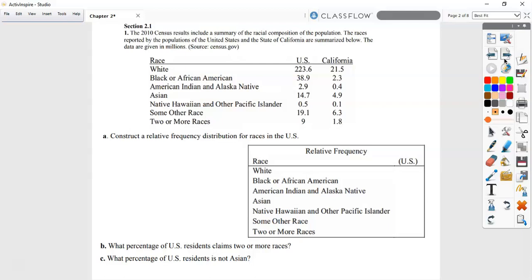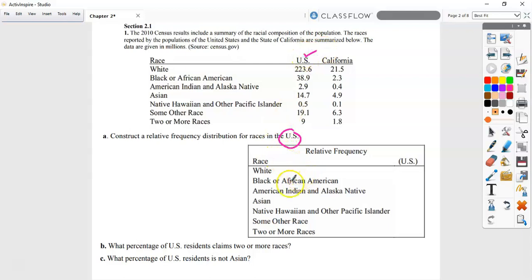And then the black or African American, we got 38.9 million in the US and 2.3 million in California, and so on. So our first task is to construct a relative frequency distribution for the races in the US. So that means we're going to use this data.